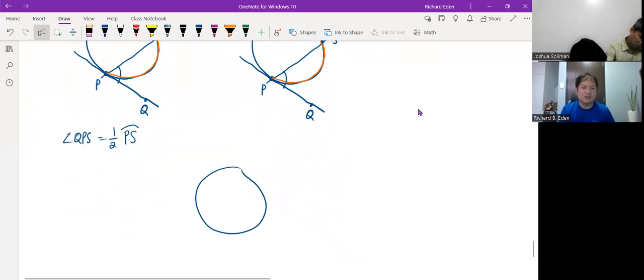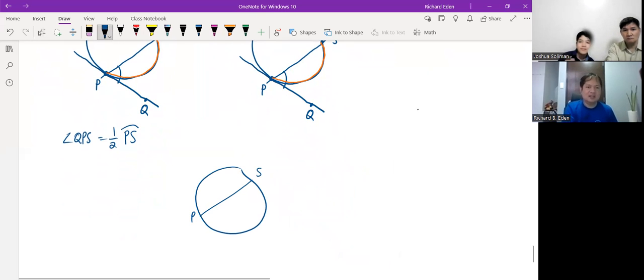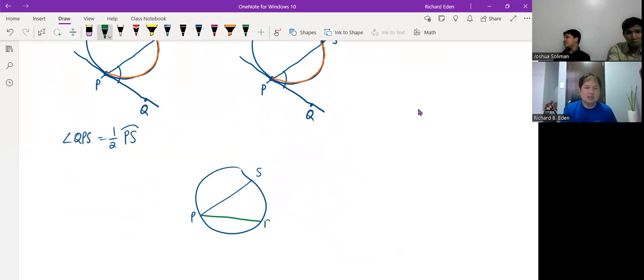You have this inscribed, so P, and then S, and imagine that is fixed, and let's draw this R. Imagine natin that R is actually not fixed. R is moving closer and closer to P. Is that what you were thinking of?